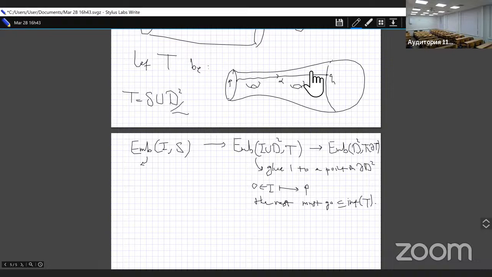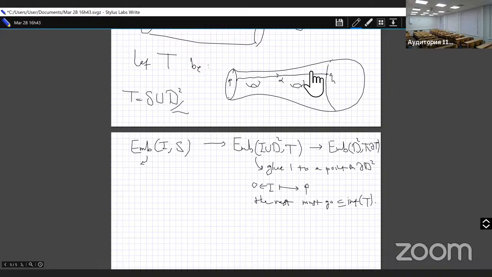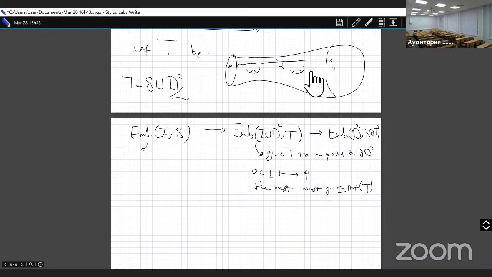What's the map from the second to the third? I will explain this. It's just the restriction of this: you take F to F restricted, and you just forget about the interval.